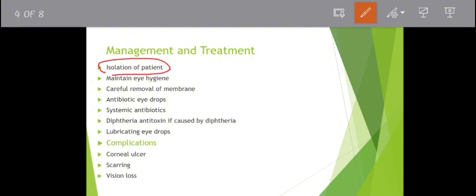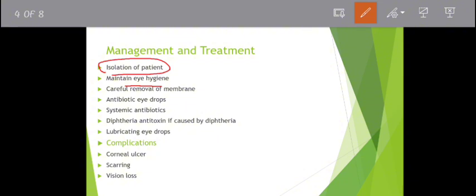It can spread to other people by contact, so we have to isolate the person to prevent spreading. Maintain eyelid hygiene, because if it is in one eye and we don't maintain hygiene, it can spread to the other eye also.